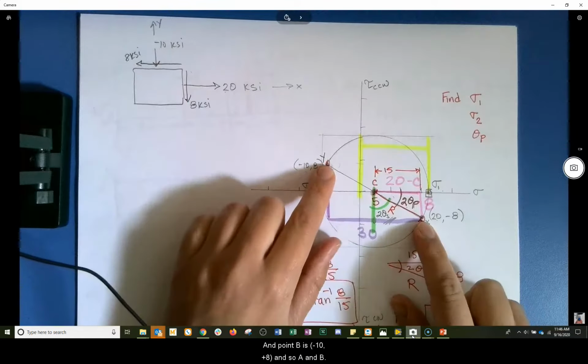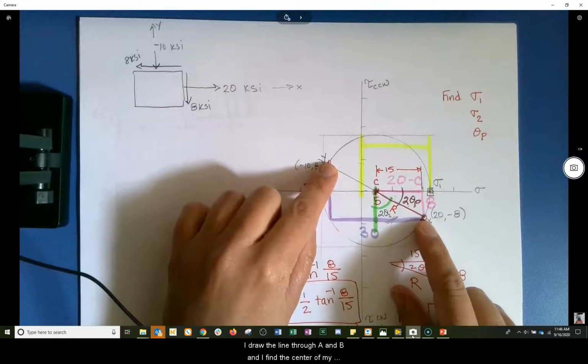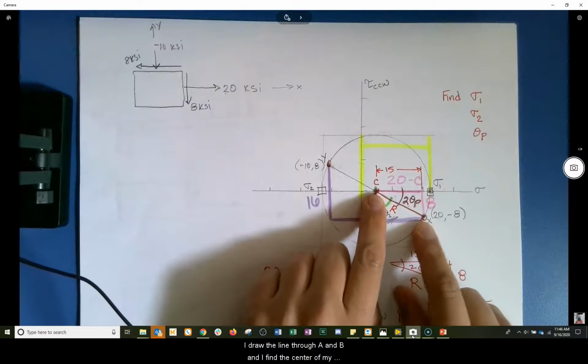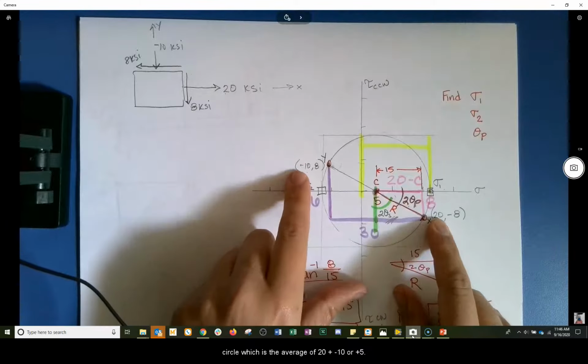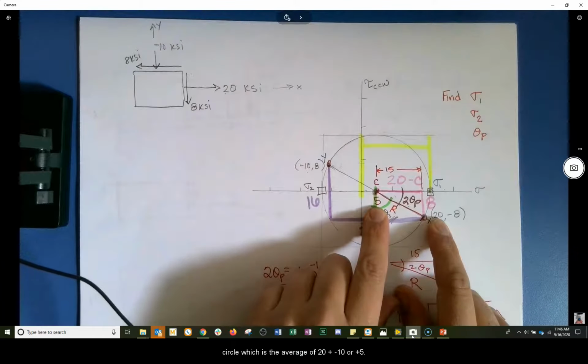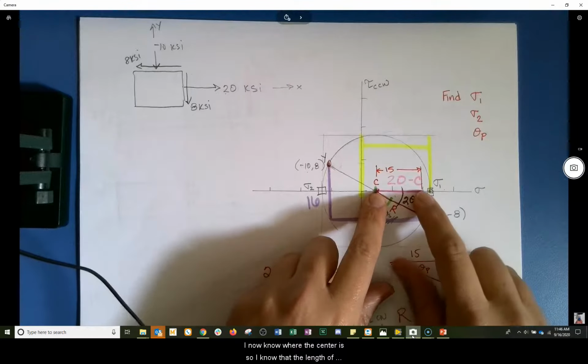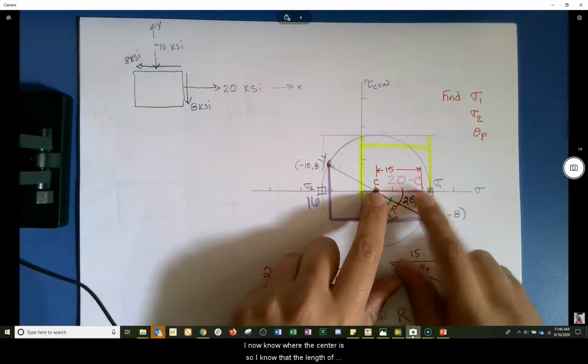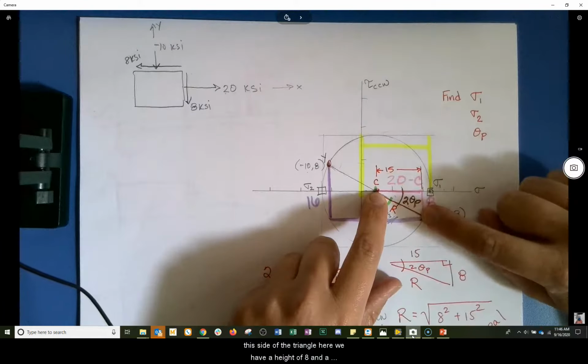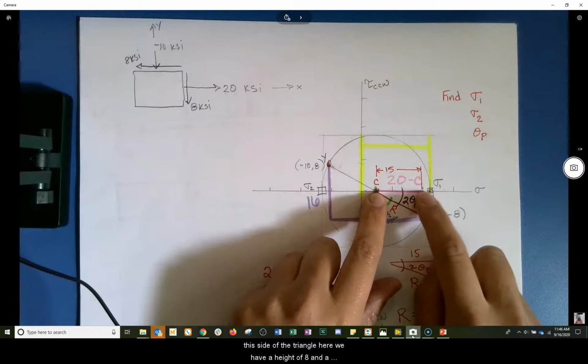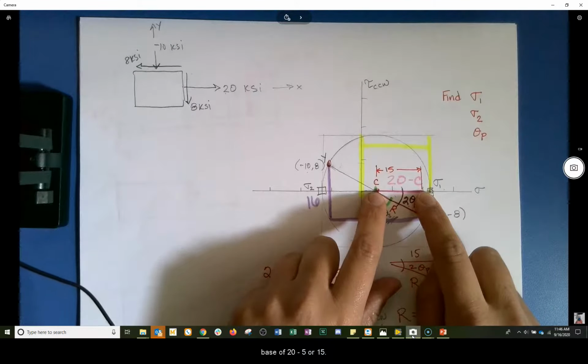And so A and B, I draw the line through A and B, and I find the center of my circle, which is the average of 20 and negative 10, or positive 5. I now know where the center is, so I know the length of this side of the triangle: here we have a height of 8 and a base of 20 minus 5, or 15.